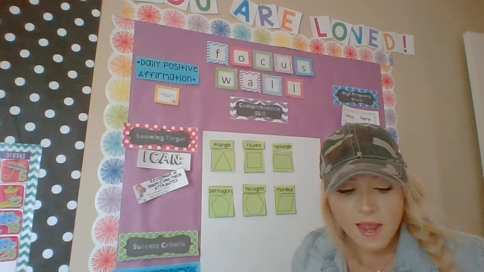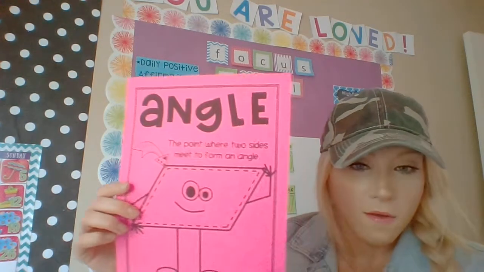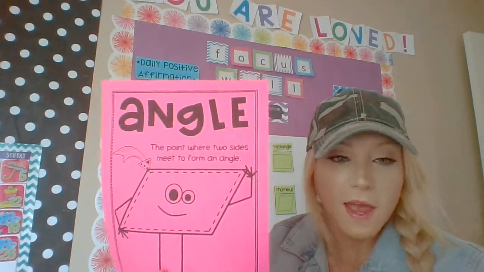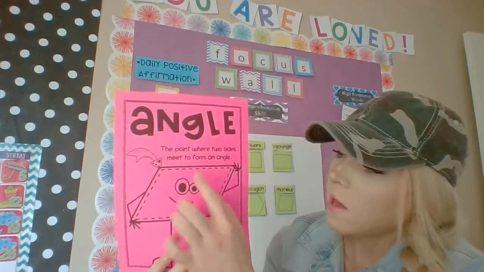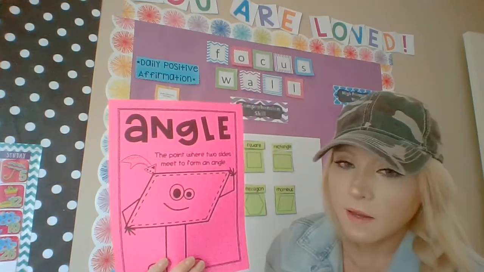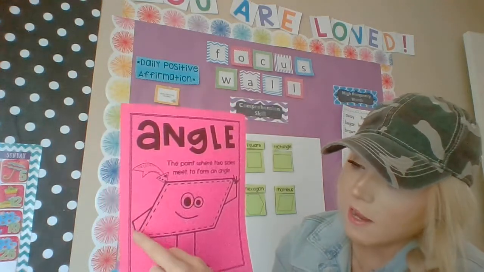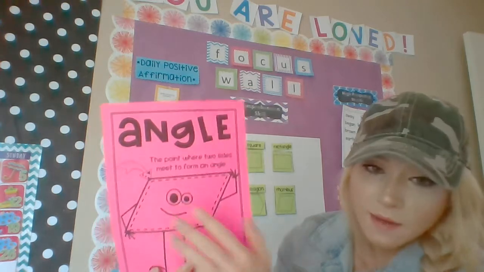Good. The next word we're going to go over is the word angle. Repeat after me. Angle. Excellent. An angle is the point where two sides meet. Here's an angle. This is an angle, because the two sides are meeting.